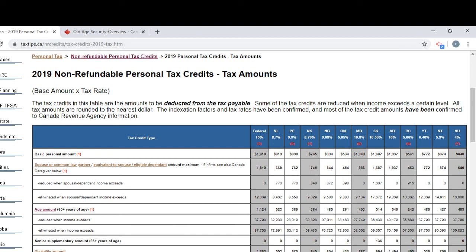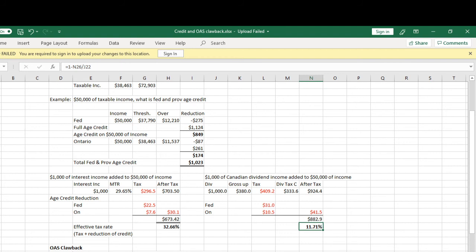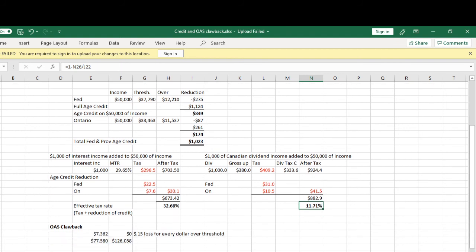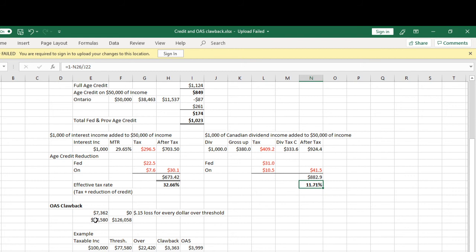Okay, back to the spreadsheet. So the big means-tested program is the OAS clawback, the Old Age Security clawback. The maximum is $7,362. Everybody gets that, assuming they were in Canada for 40 years by the time they get to their 65th birthday. But everybody in Canada gets $7,362 as long as they've been in Canada for a long time.